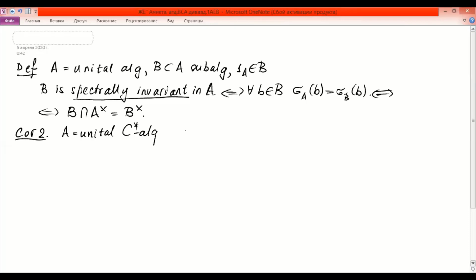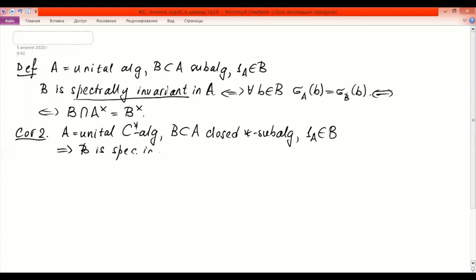And suppose that B is a closed star subalgebra which contains the identity of A. I claim that B is spectrally invariant in A.